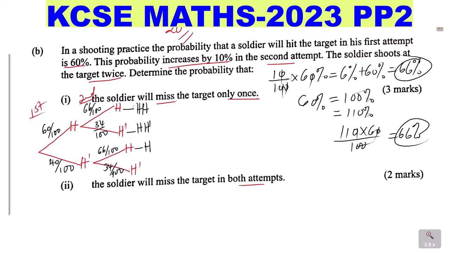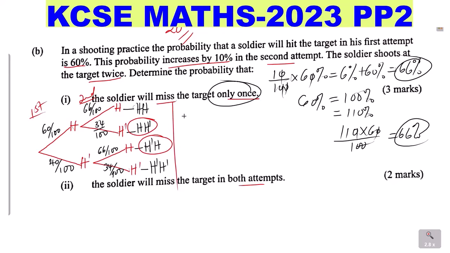Here, missing the first attempt, the second attempt hitting. Then the last one is missing in both attempts. So missing the target only once will be obtained from missing only once. It is either this or this. Missing only once. That is why he misses once and hits once.